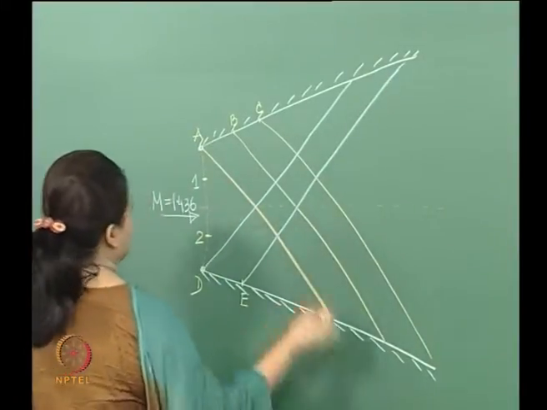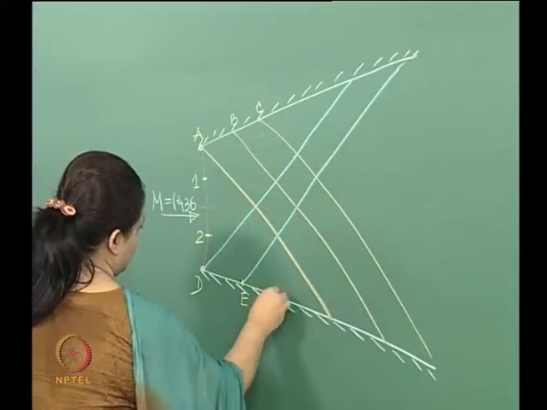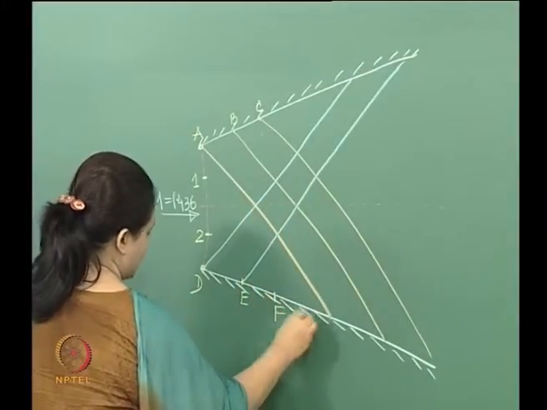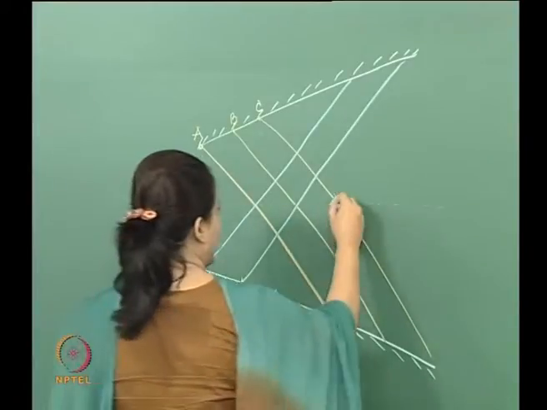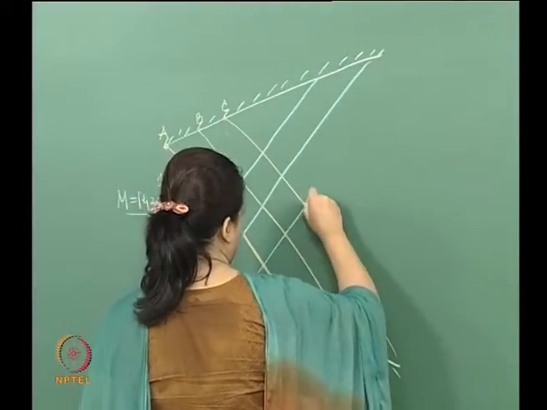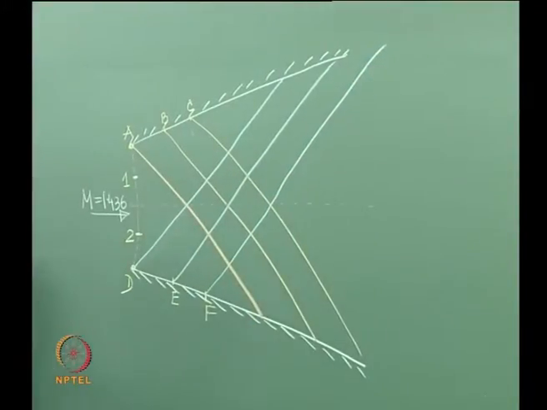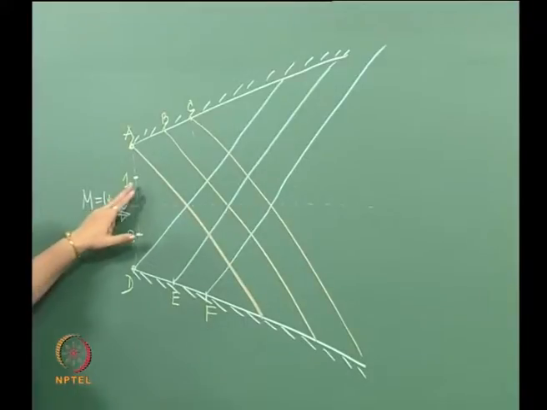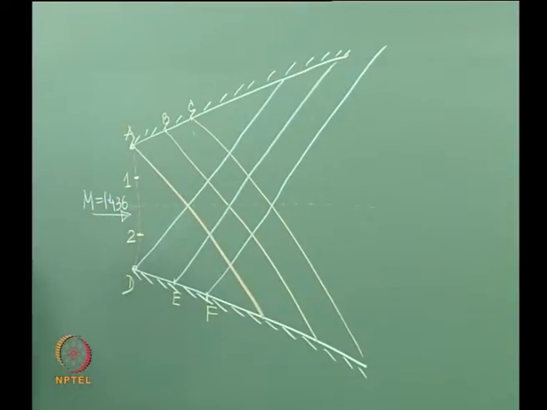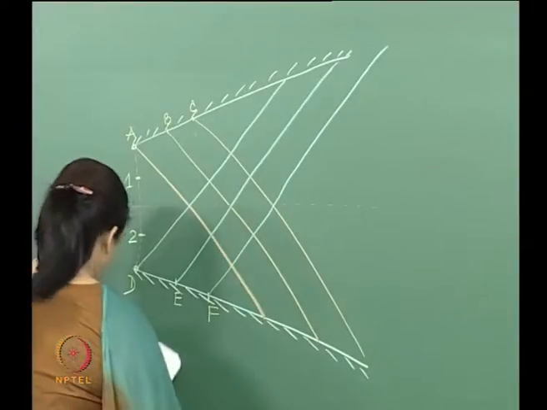Then we have another one, say F, and I'm going to run that one through this, and so on and so forth. So we have this. Now let us look at this. We will have two more from there.